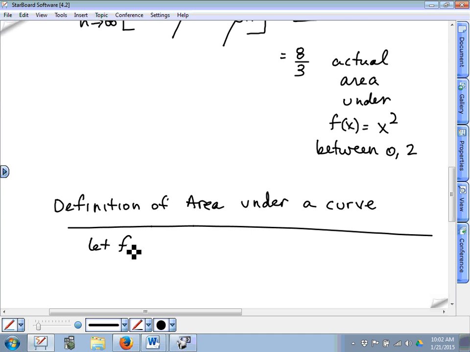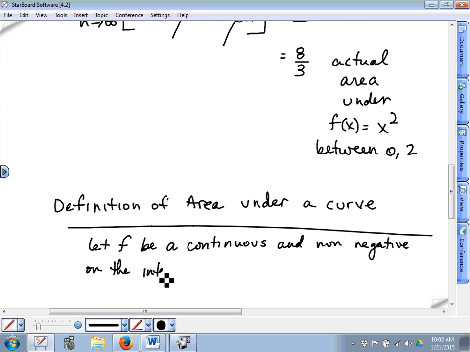So let f be a continuous function. There aren't any gaps or jumps or vertical asymptotes. So let f be continuous and non-negative on the interval [a, b].